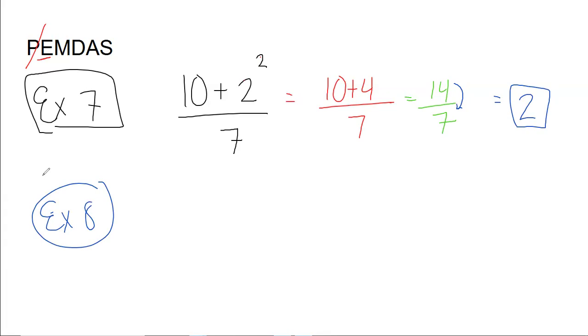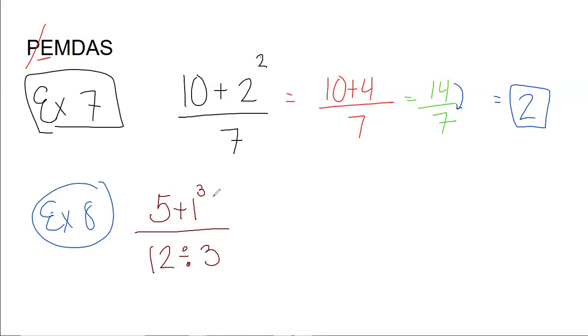Okay, let me see here. Let's do, trying to think of something that'll work out nice. Let's do 5 plus 1 to the third power, or cubed, over 12 divide 3.